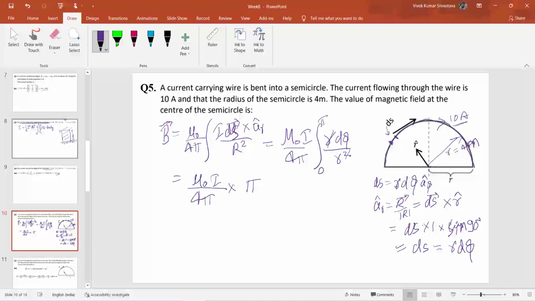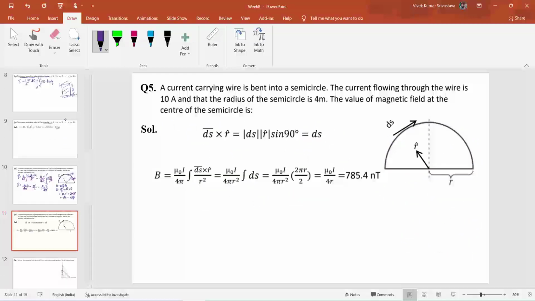So φ will vary from 0 to π. After calculation you will get π, and this will be equal to r. So this π will cancel out, and the magnetic flux density expression that we derive here is μ0 I by 4r. So we will use this expression.